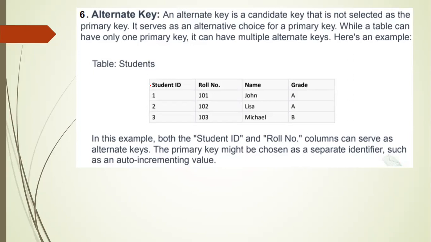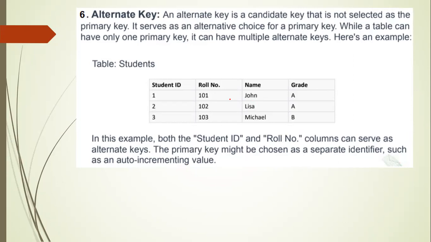We can take one best example here. If you take a student's table, both the student ID and the roll number columns serve as alternate keys. The primary key might be chosen as a separate identifier, such as an auto-incrementing number.